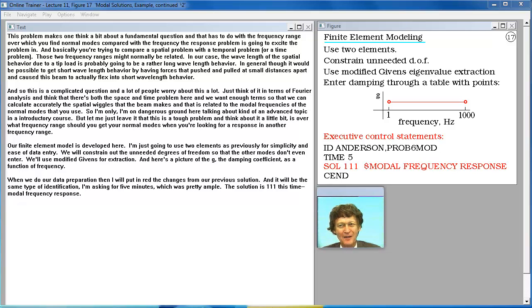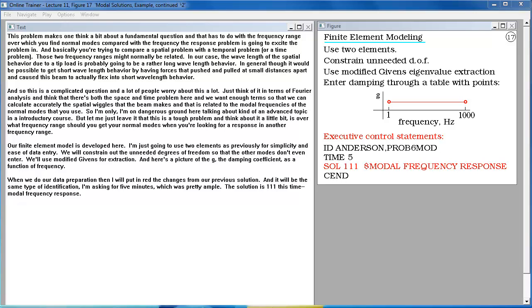This problem makes one think a bit about a fundamental question, and that has to do with the frequency range over which you find normal modes compared with the frequency the response problem is going to excite the problem in. Basically you're trying to compare a spatial problem with a temporal, or time, problem. Those 2 frequency ranges might normally be related.